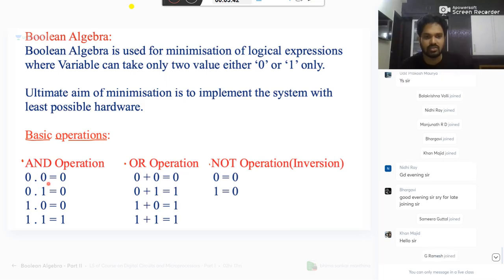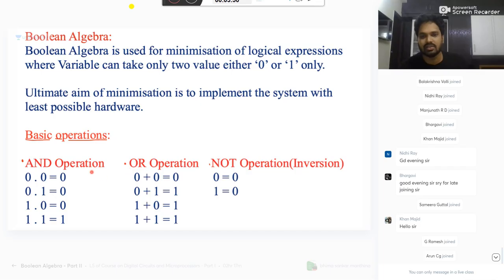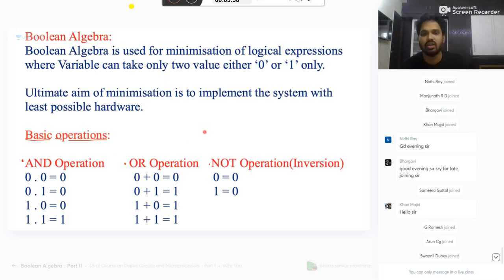So please see here. If any one of them is 0, your output is 0. This is what we call AND operation. Similarly, we are not discussing logic gates yet. A gate is the circuit which will implement this operation. That we discuss later. First, basic operations, like in your regular maths, you have plus, minus, multiplication, division.